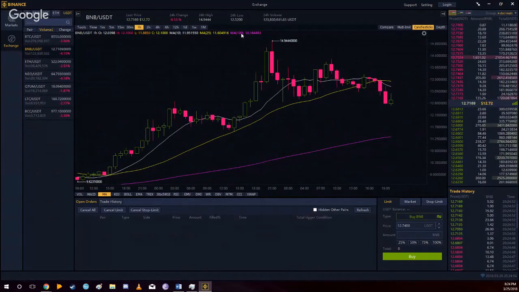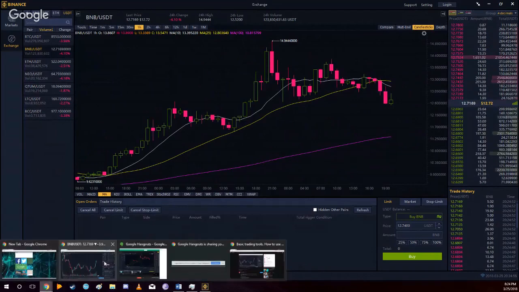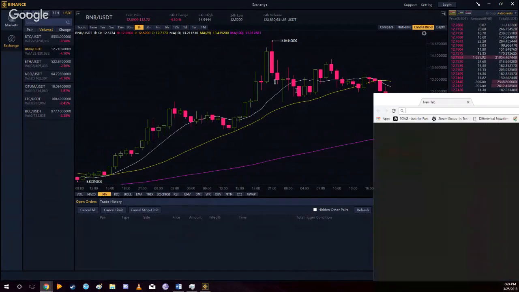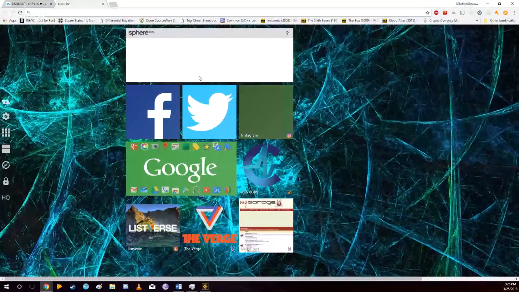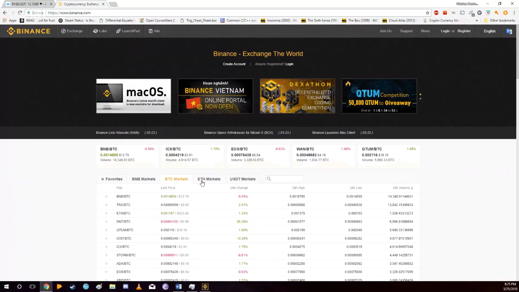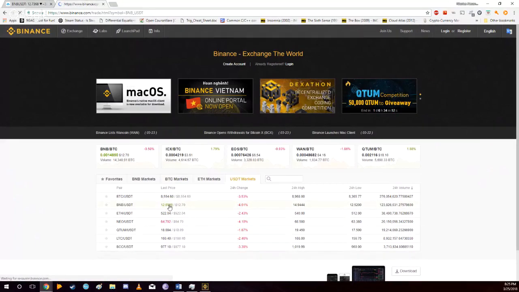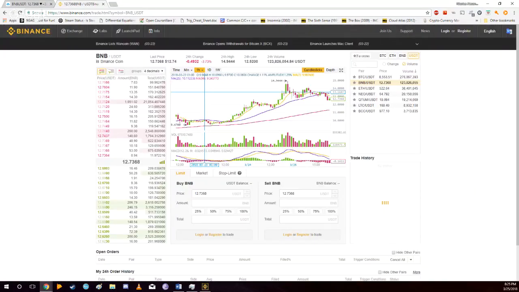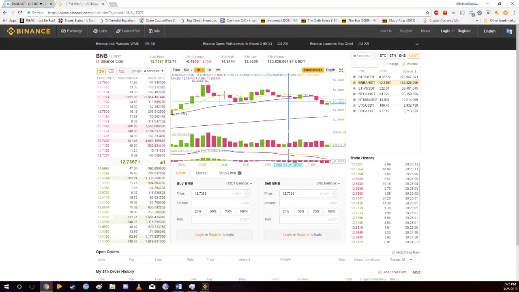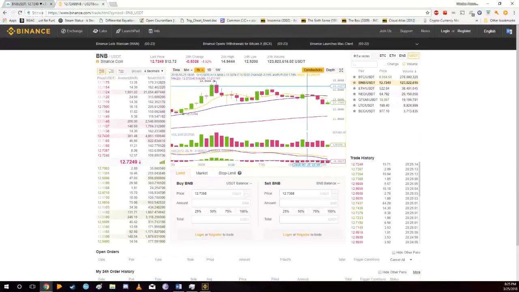If you go on Binance right now, you will see that by default, they have those MA lines put here.